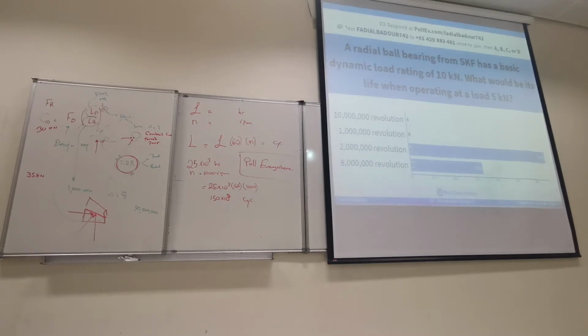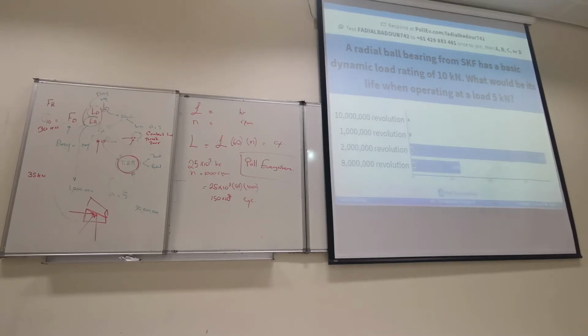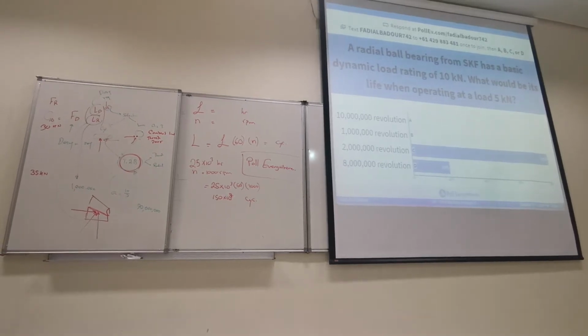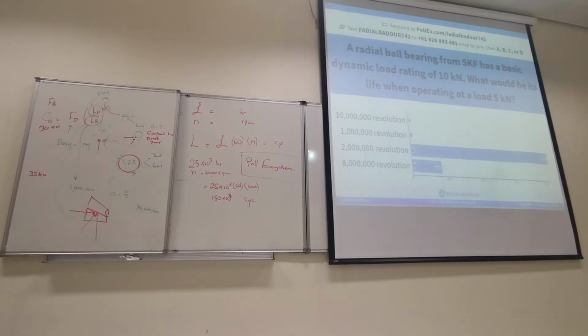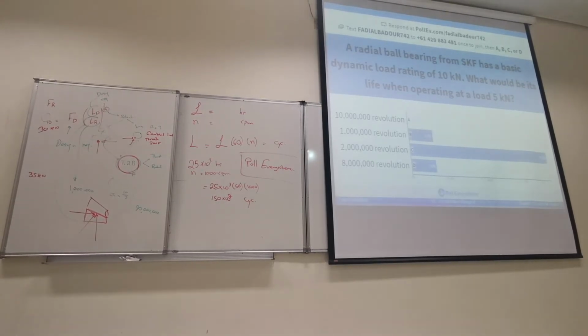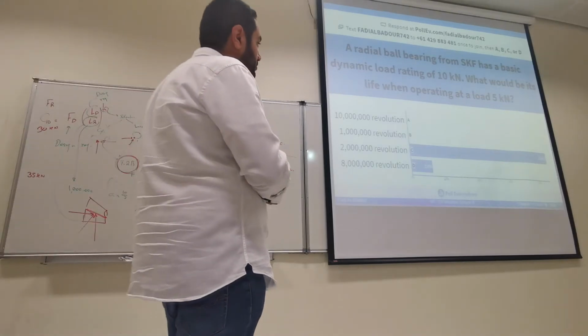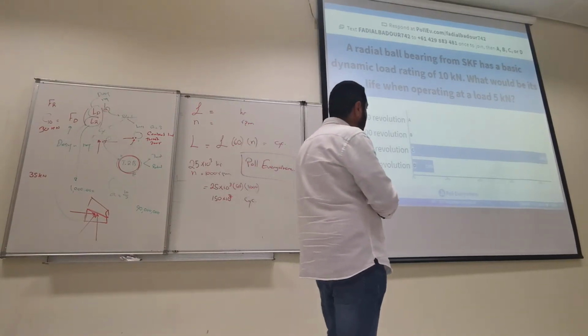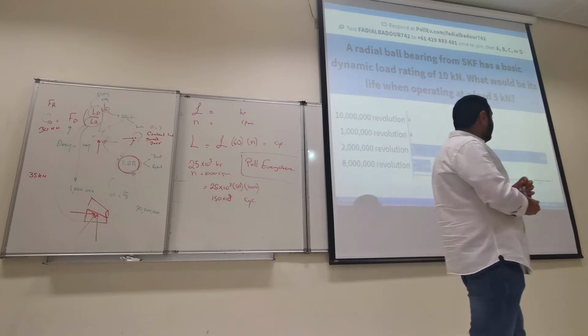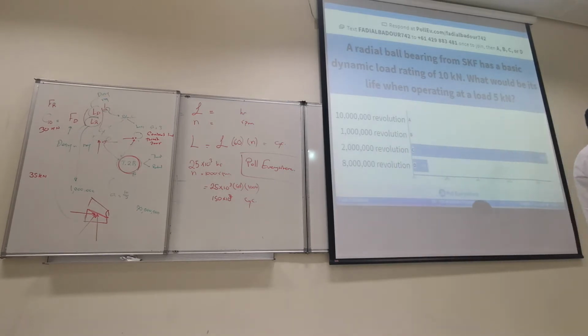No answer yet? It's a ball bearing, and takes a rated life of 1 million cycles. Okay. How many responded? Raise your hand. 1, 2, 3, 4, 5, 6, 7, 8.